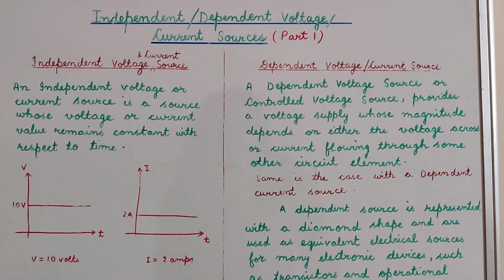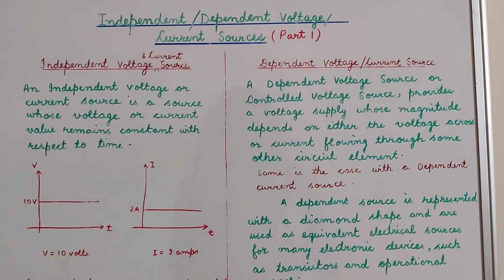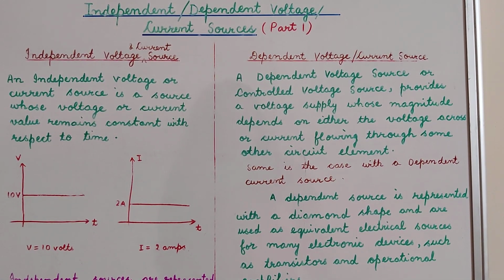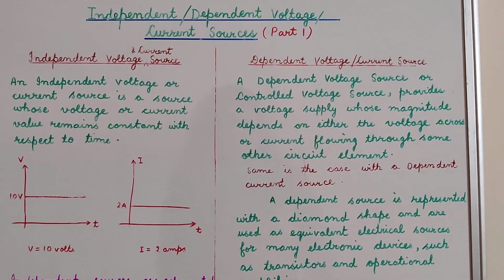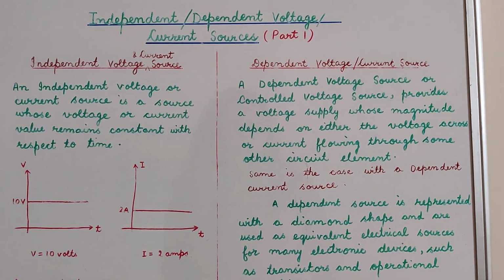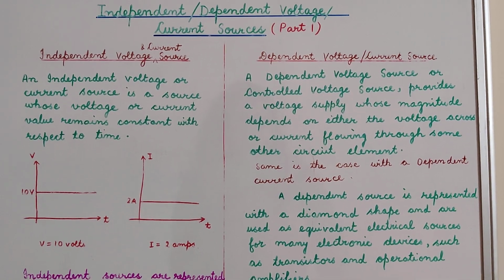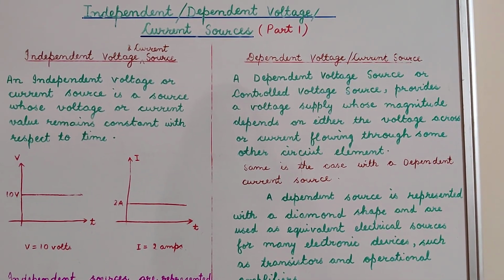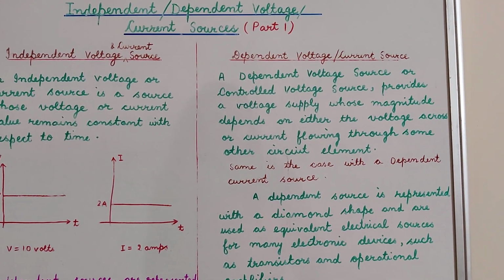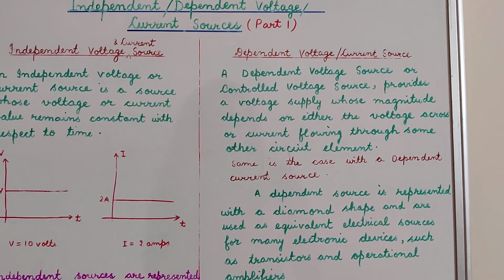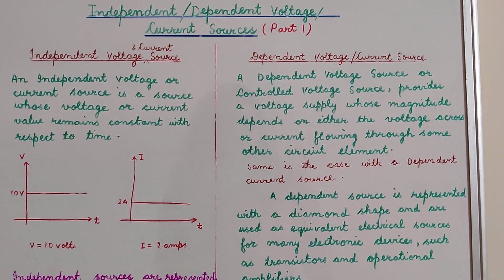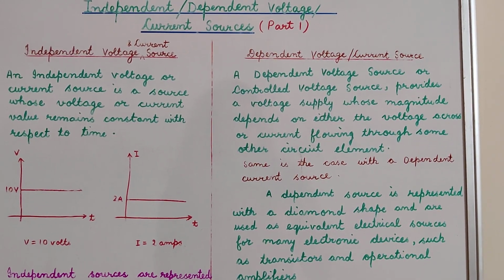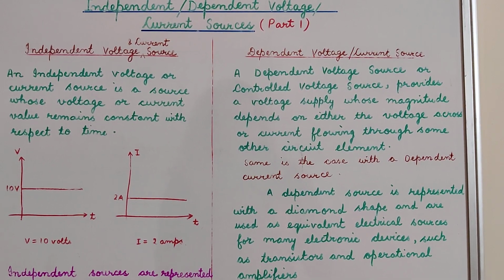Now let us try to understand what is a dependent voltage or current source. A dependent voltage source, which is also called a controlled voltage source, is a voltage source which will provide a voltage supply whose magnitude will depend on either the voltage across or the current flowing through some other circuit elements.